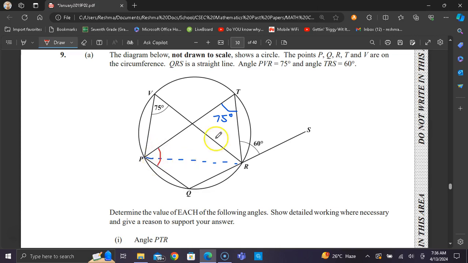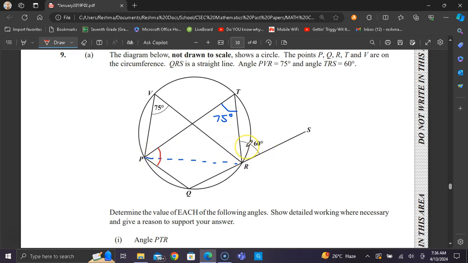To find this angle, let's look at this angle here, angle TRS, which is 60 degrees. This angle is outside of the quadrilateral PQRT, and it is also directly opposite that angle.